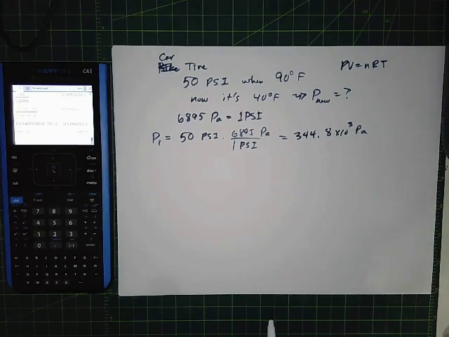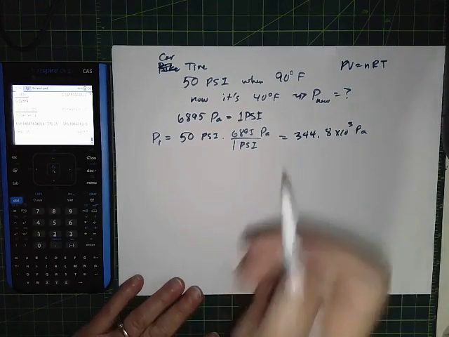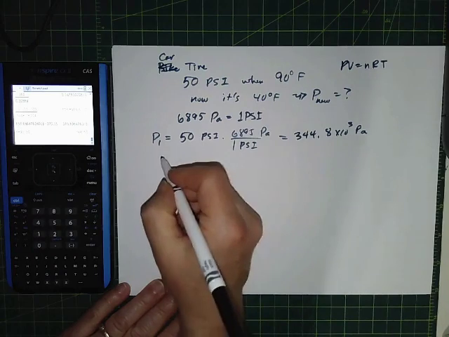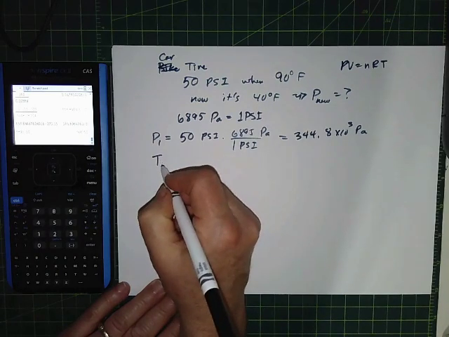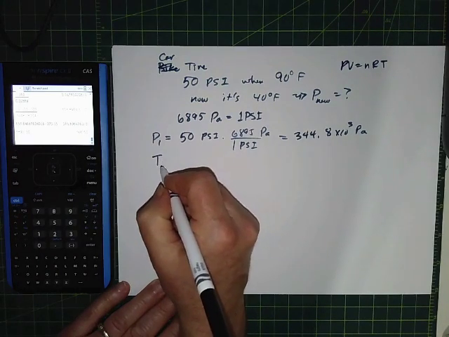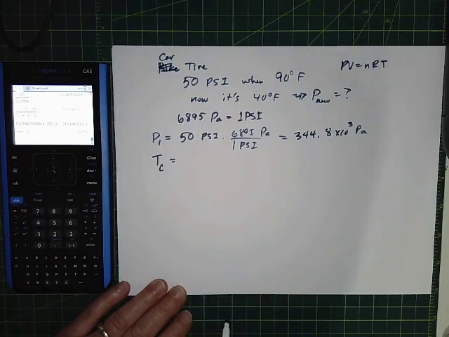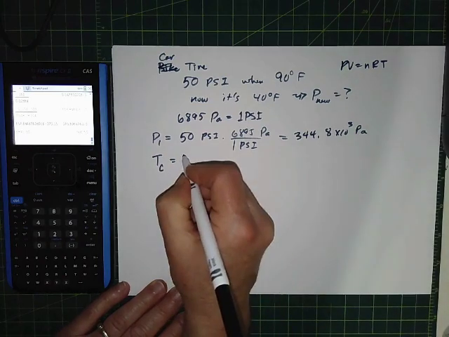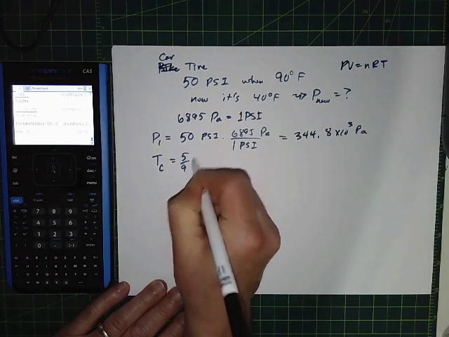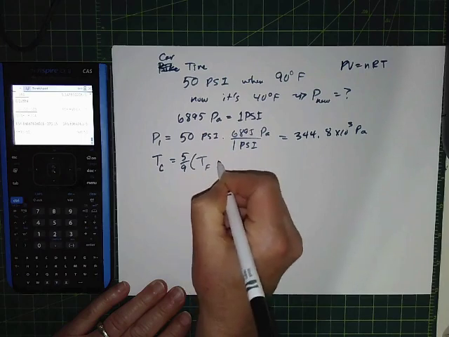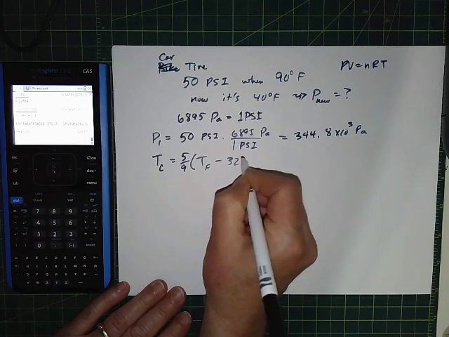Then we need our temperatures in the right units. We want Kelvin actually, but let's get to Celsius first, as we're in Fahrenheit. The formula to go from Fahrenheit to Celsius is 5/9 of T Fahrenheit minus 32 degrees.